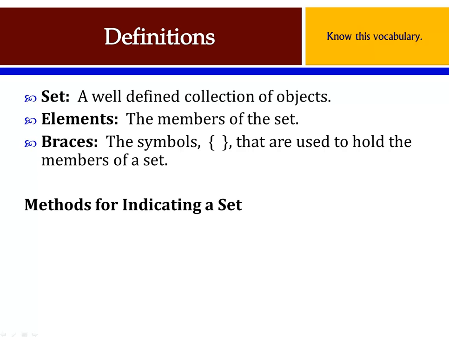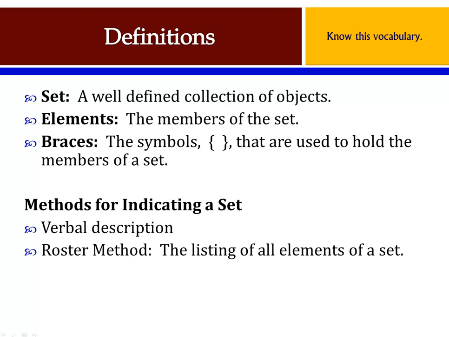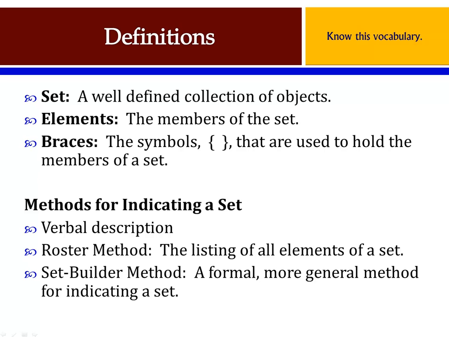And there are 3 ways to indicate a set. A verbal description, such as the one you've just seen with the example of the dogs whose names begin with the letter M. A roster method, which is listing all the elements that are contained within a set. And a more formal general method for indicating a set is called set builder method.